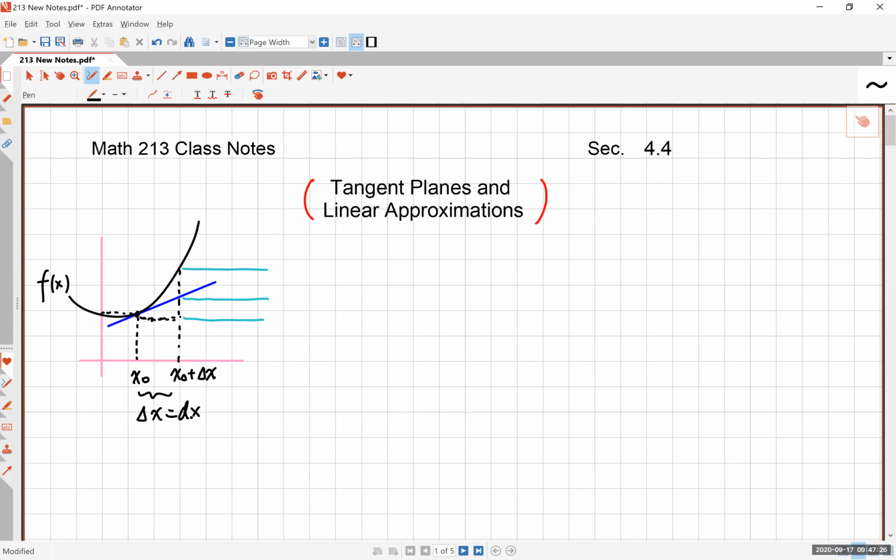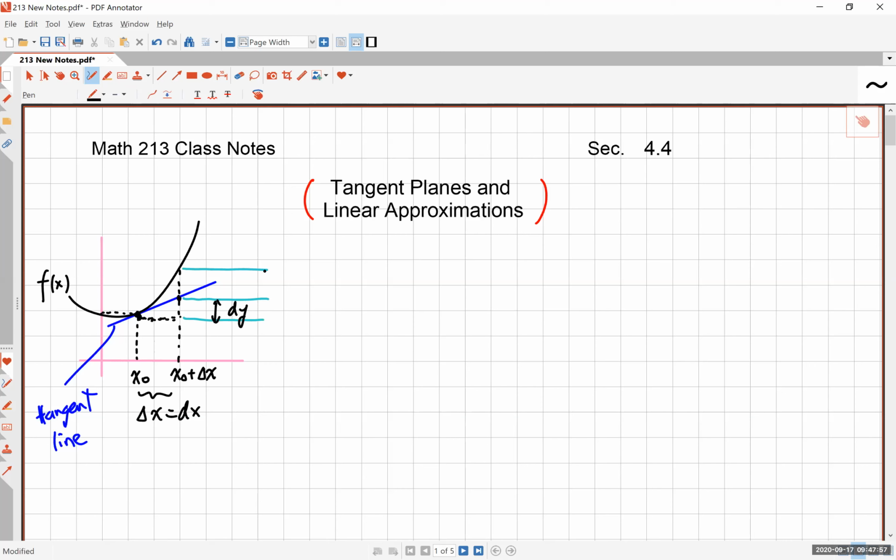Then you see this blue line, which is our tangent line. The tangent line is, of course, a linear function because it is a line after all. And here's the important part: the difference between this y value and the y value here is called dy, and that dy is called the differential.